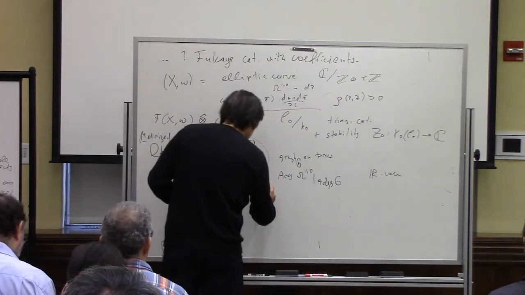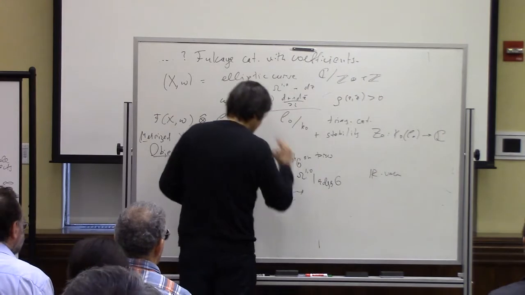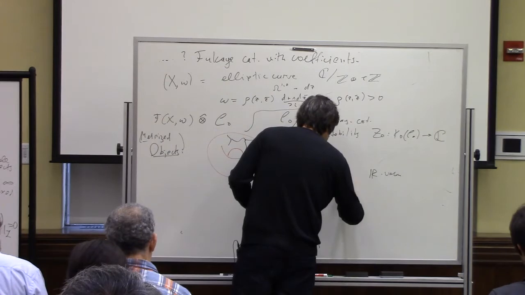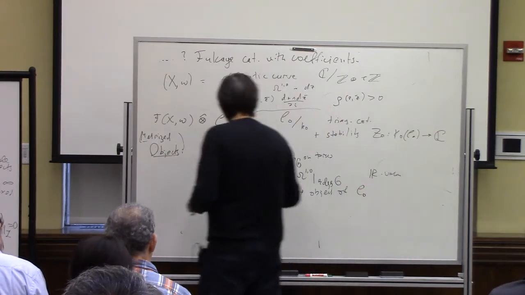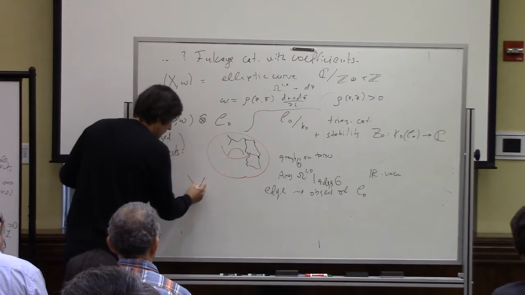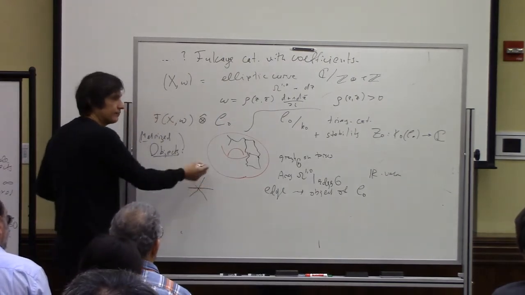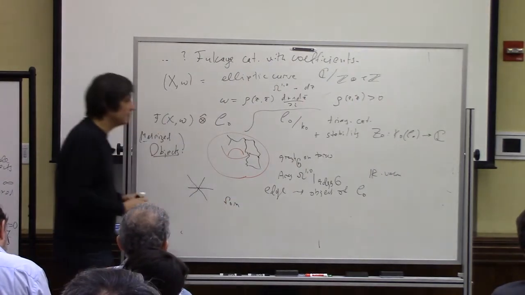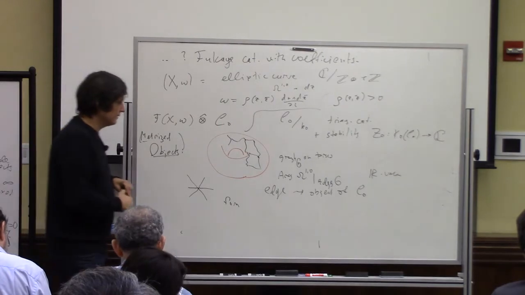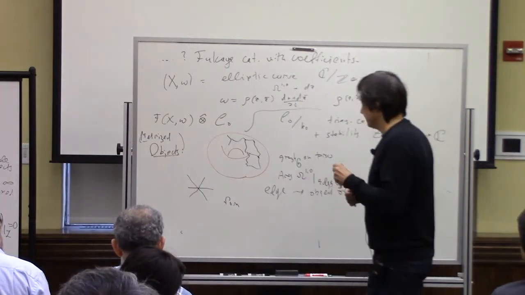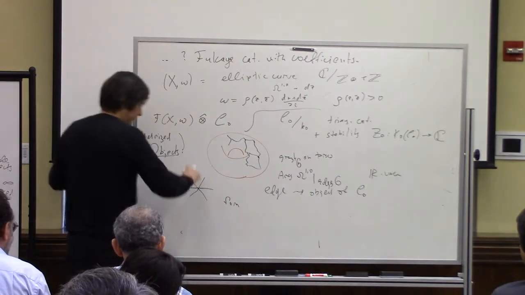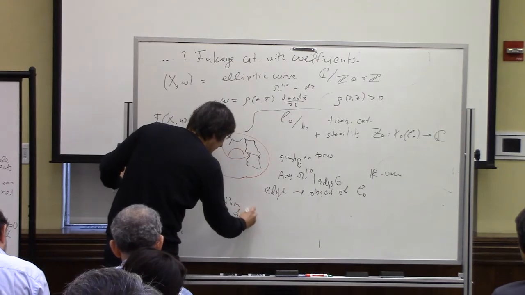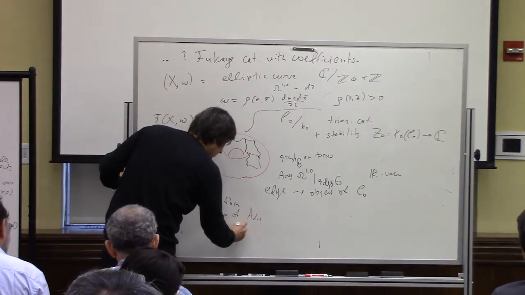Also, for each edge, you get objects of your category C0. And then at a vertex of the graph, you get a bunch of objects from the left, a bunch of objects, and this should form, with appropriate shifts, representations of the quiver A_{d-1}, where d is the degree of the vertex.